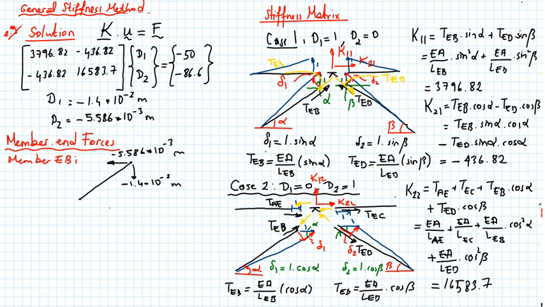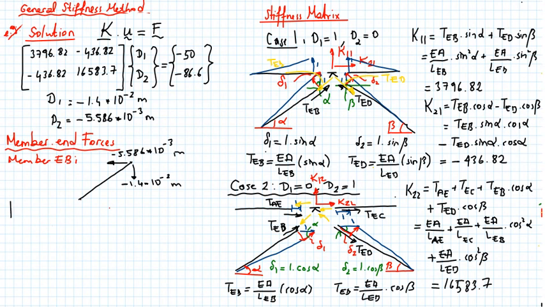So there are two options here. The first option is you can determine the components of this displacement along the member axis from the geometry and multiply it by EA over L. That will directly give you the axial force on this member. The other option is, again, we can use the stiffness approach.